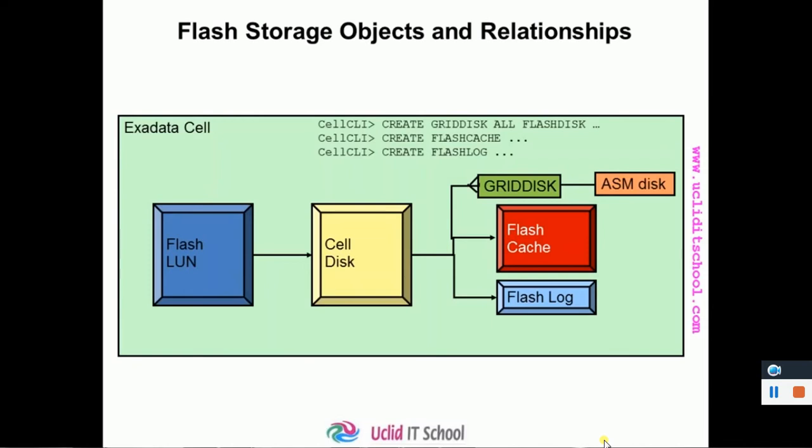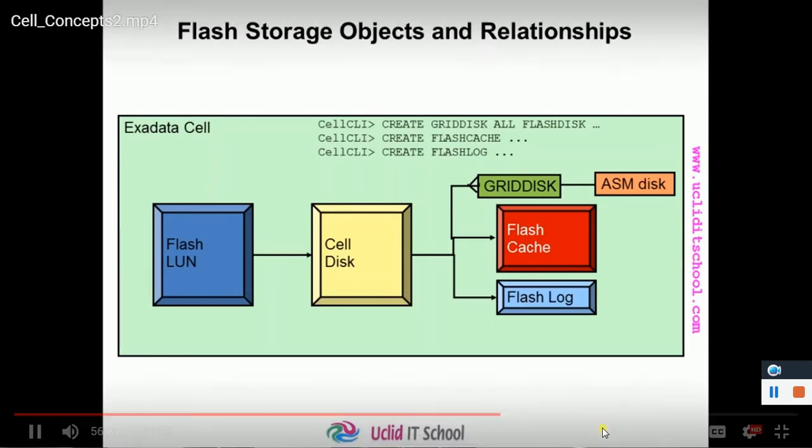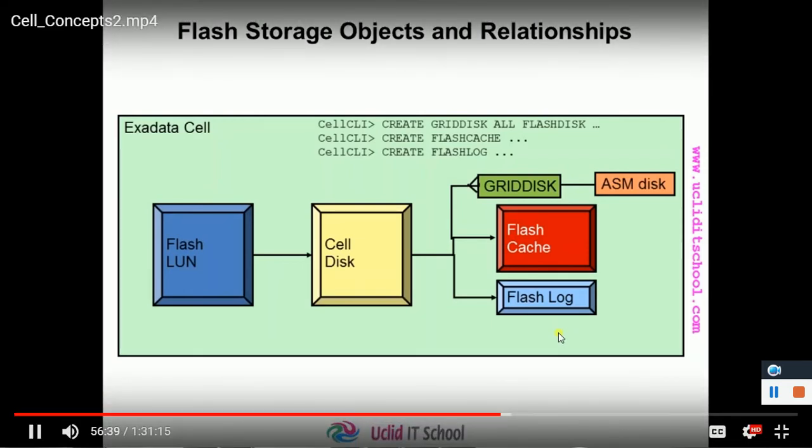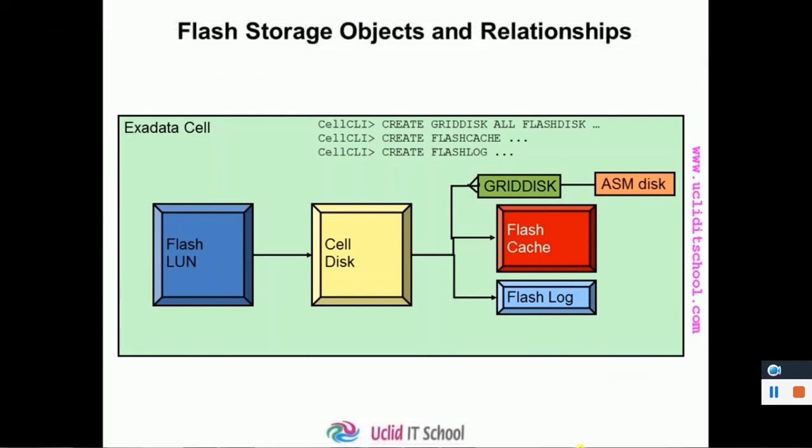So it is very flexible when it comes to flash storage. But by default, the entire flash storage available is used to configure flash cache and a flash log. There are no grid disks created on the flash storage. If you want, you can create them and use them to store your data.